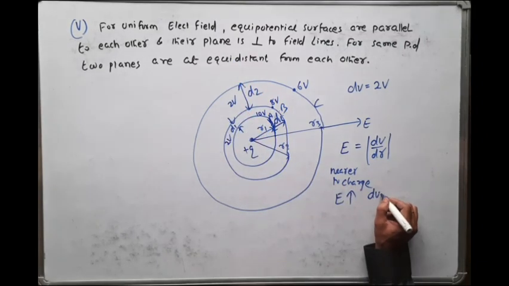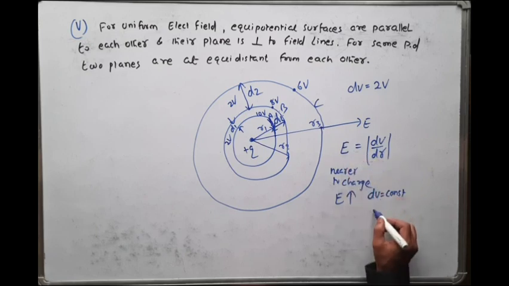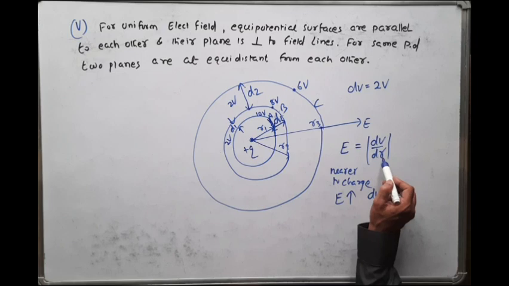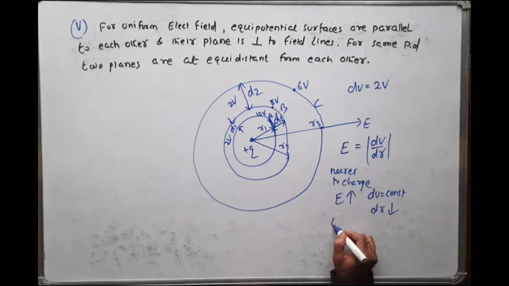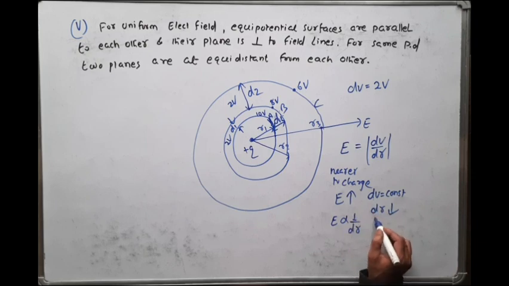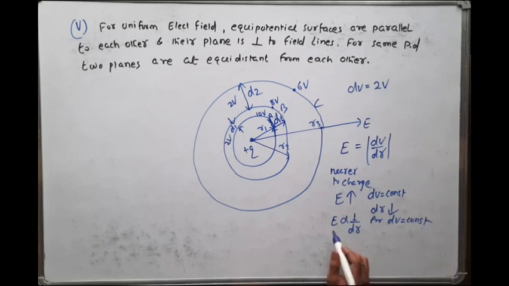So if dV is constant and E is more, definitely the distance of separation is less, because E is inversely proportional to dr for constant potential difference. So nearer to the charge, electric field intensity is strong and dr is less.